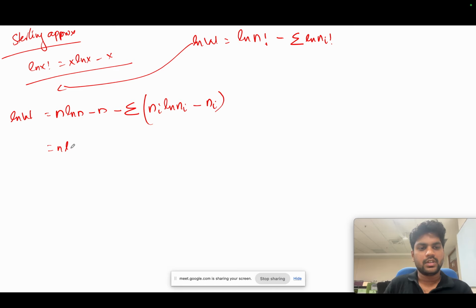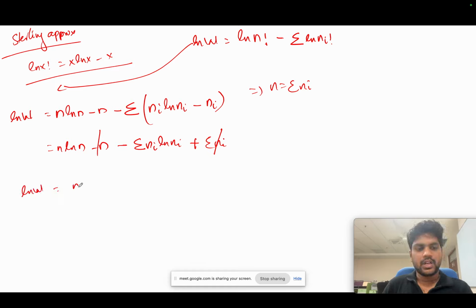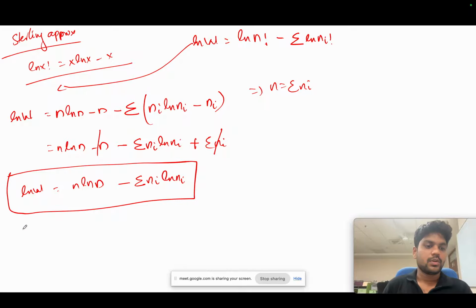So if I expand it, we know that n is nothing but the sigma of total ni. So this will get cancelled, and we'll end up with the following. Now I am differentiating this equation to get the equilibrium condition.